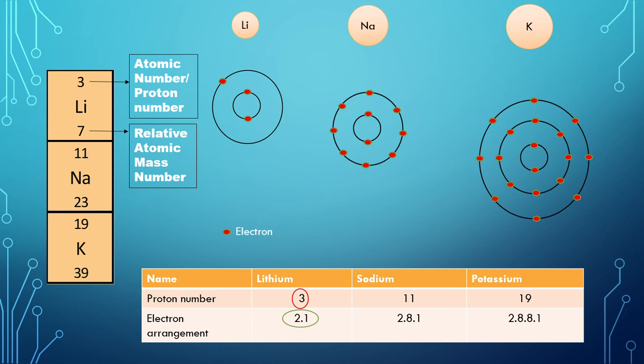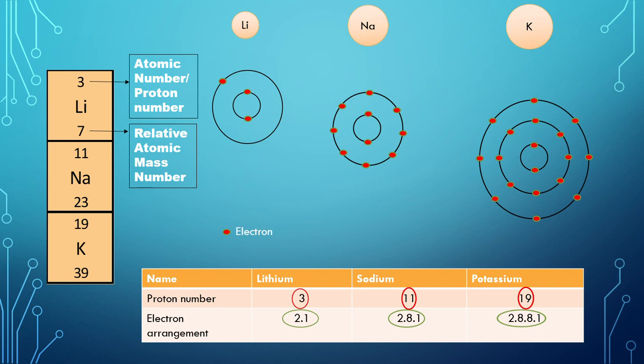Now, let's have a look at sodium having proton number 11. The electron arrangement is 2.8.1. While potassium having proton number of 19 has electron arrangement of 2.8.8.1.